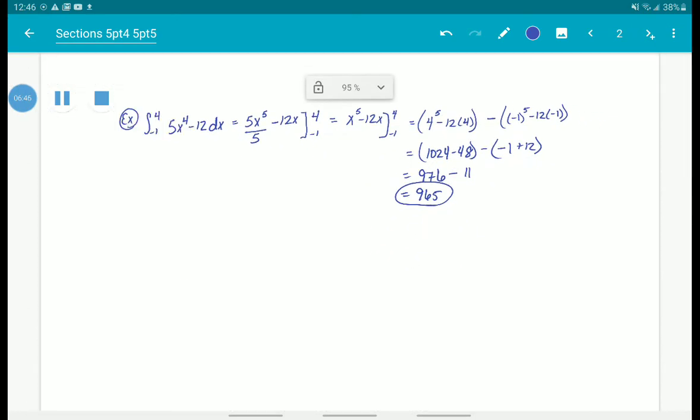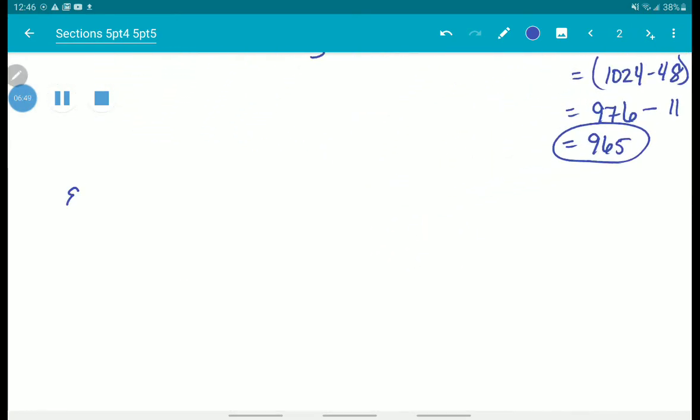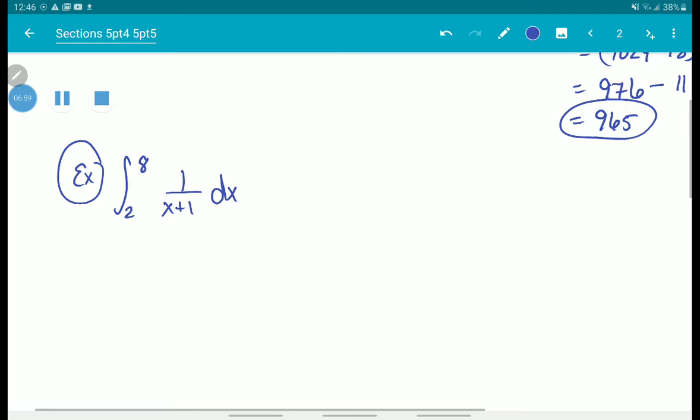So let's do another example. Let's say we want to integrate from 2 to 8 of 1 over x plus 1 dx. Okay, this is going to be a u substitution. We're going to let u be x plus 1. So du is 1 dx.